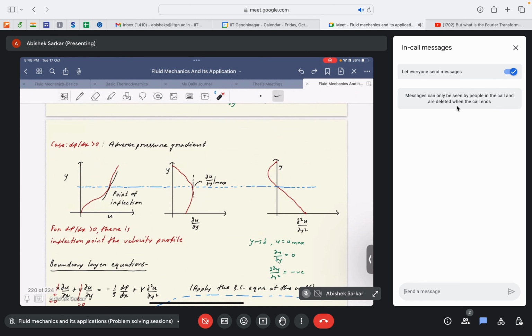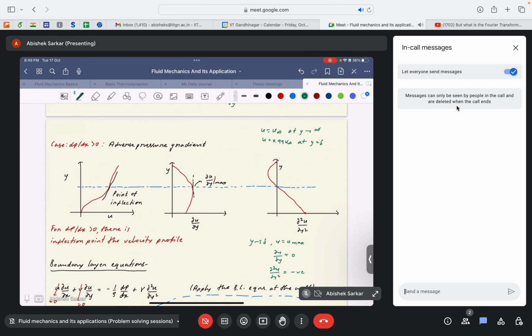But we also know that ∂²u/∂y² has to be 0 at y equal to delta, or some point in the flow field, not exactly y equal to delta, because u is equal to u infinity at y tends to infinity, and u is equal to 0.99 u infinity at y equal to delta.